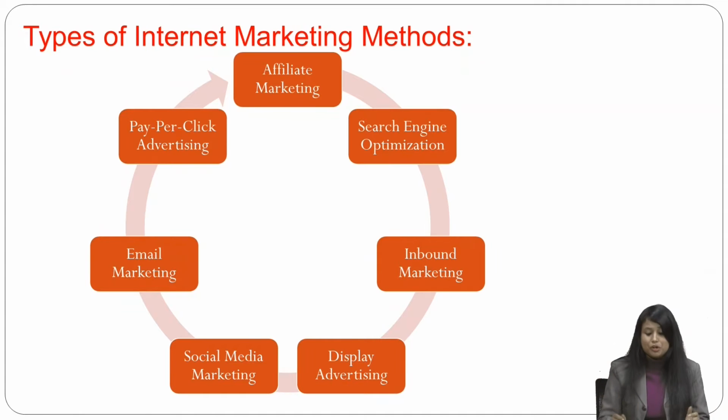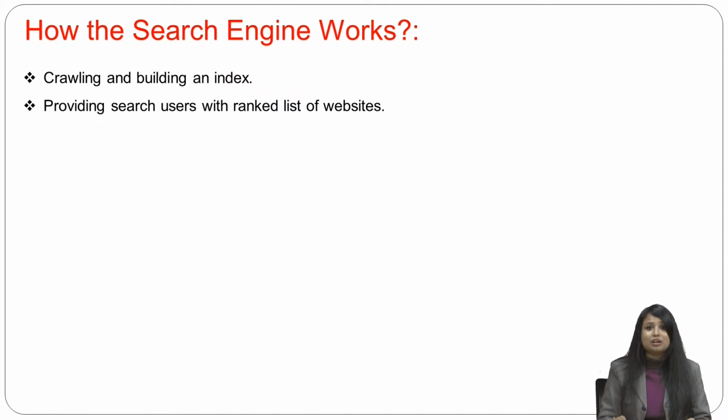Now moving forward to the next, that is how the search engine works. A search engine performs two main functions: crawling and building an index, and providing search users with a ranked list of websites. In this, every stop serves as a unique document, which is normally a web page or a PDF, JPG, right?